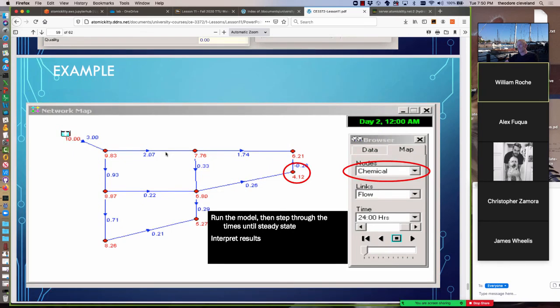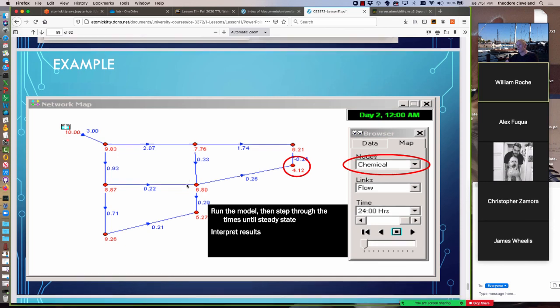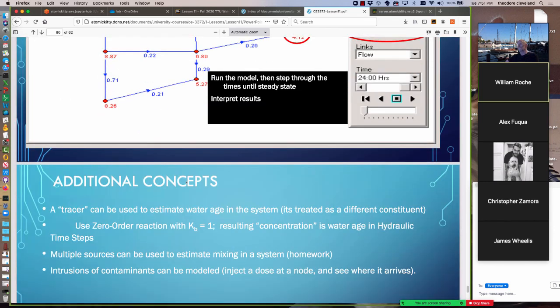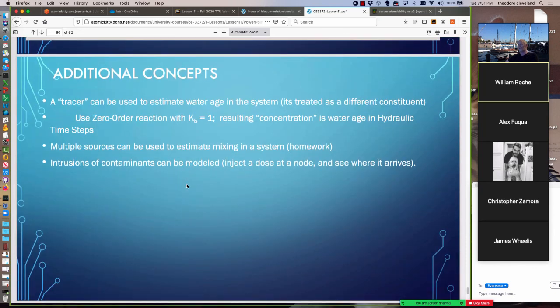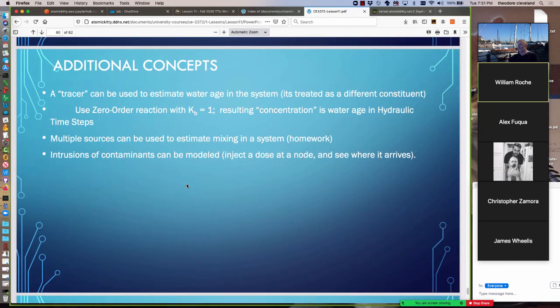And finally, I'll let the thing run for a while, and we now have the water quality at each of the nodes. And you run the model until these numbers stop changing, and you then have an equilibrium approximation to the disinfection in the system. We can use tracers to do water age.